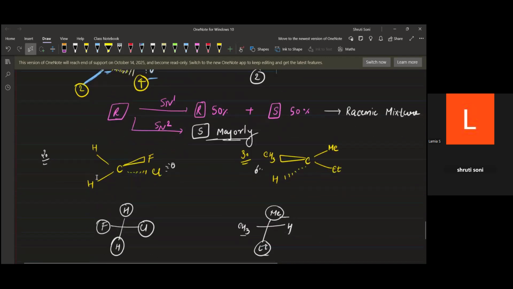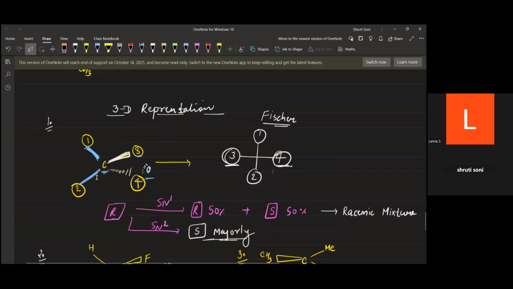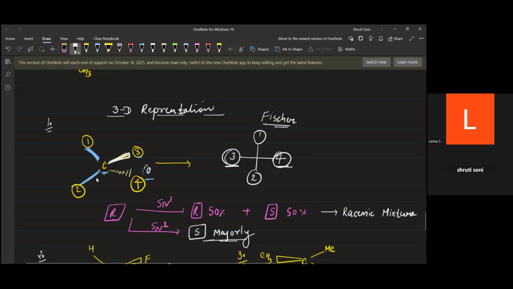If you are having any issues, you can directly note down that whenever two elements or two molecules are in the same plane, they are on the top and bottom. You can write wedge on the third position and dash on the fourth position.